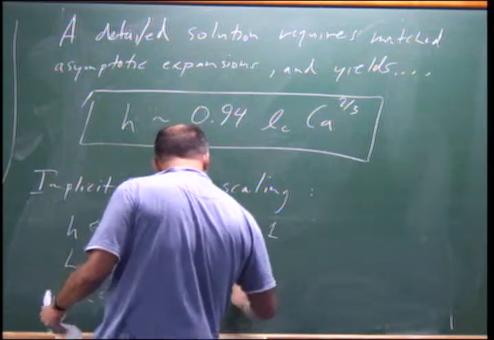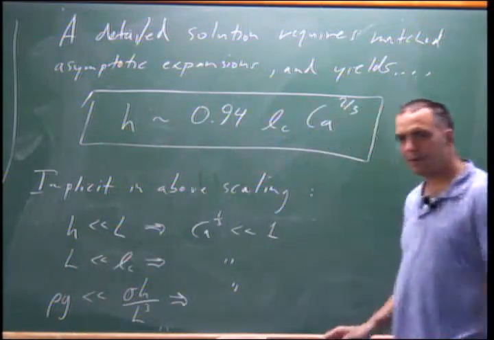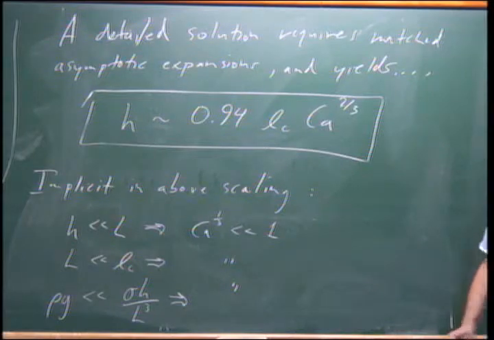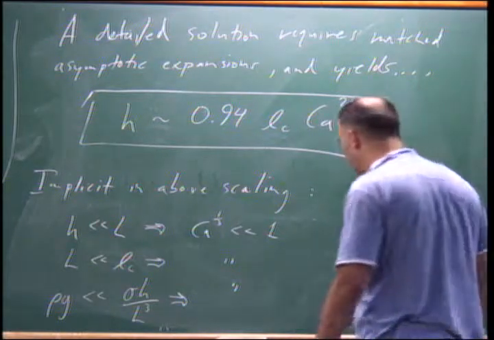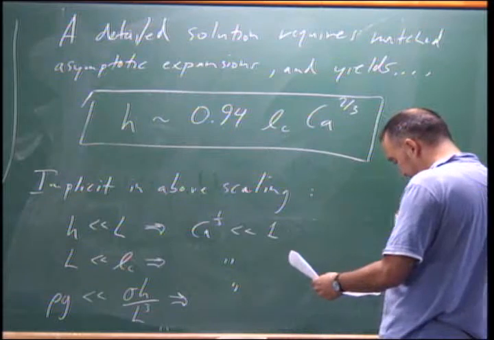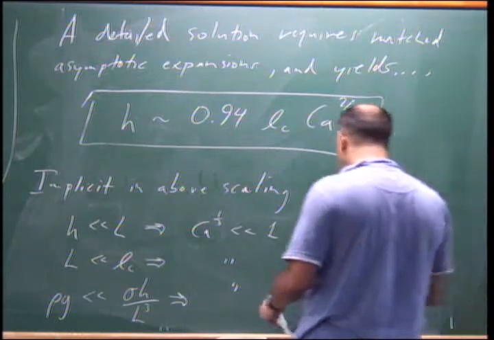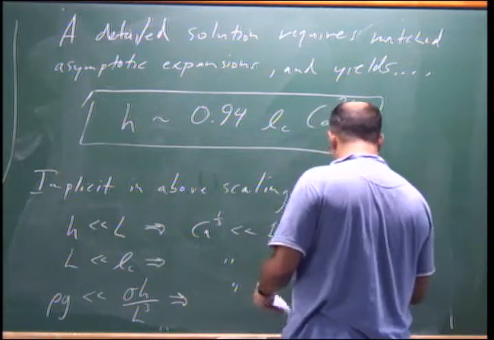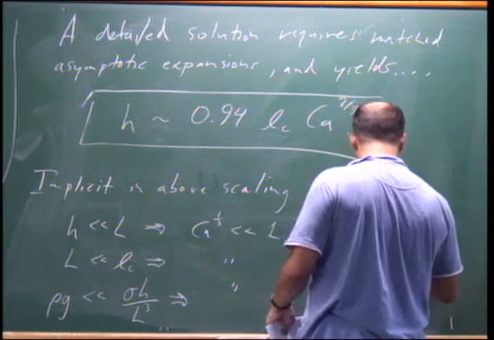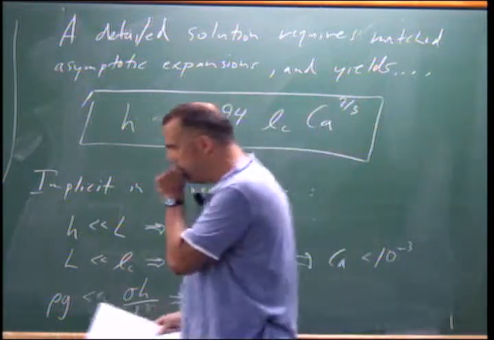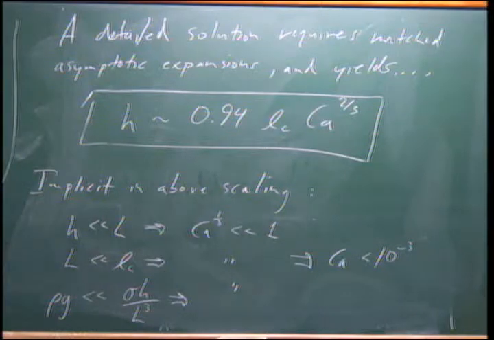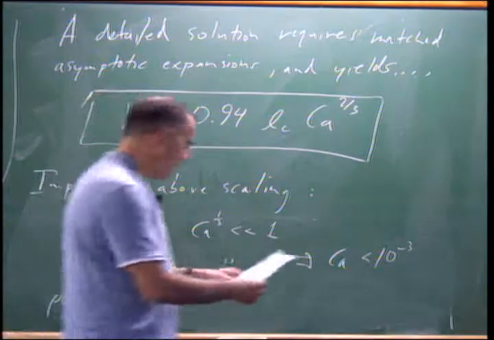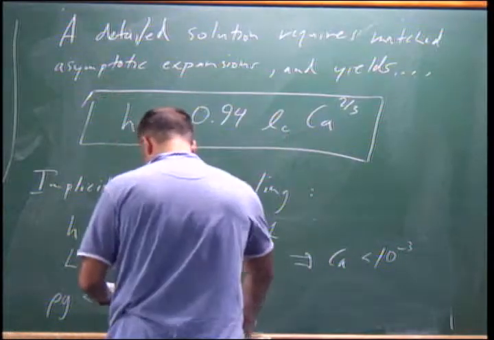These are all consistent as long as the capillary number to the 1/3 is much less than 1. This is really saying that the capillary number is less than 10 to the minus 3, which isn't strictly speaking satisfied here, but that doesn't matter. We're just scaling.